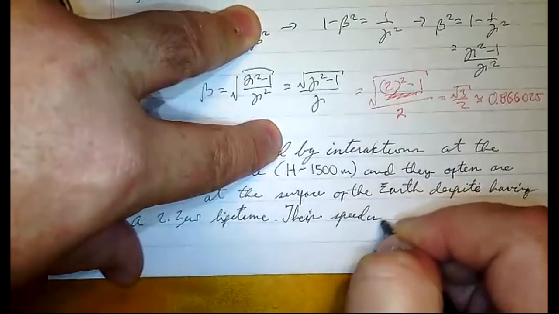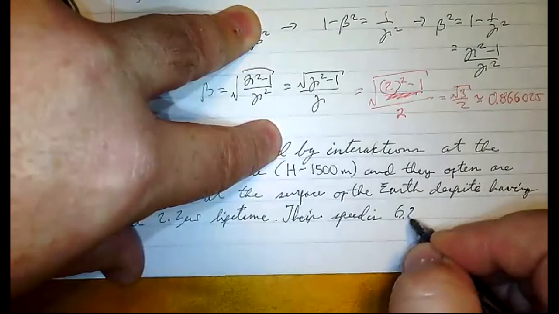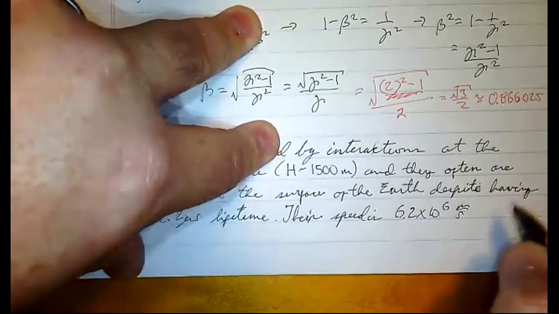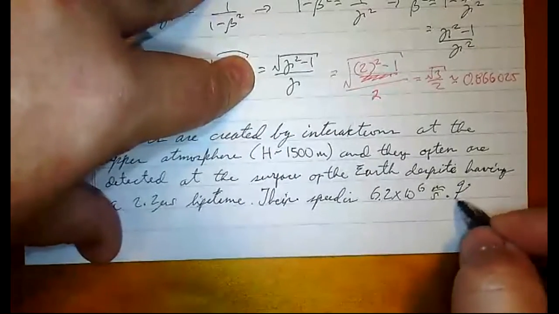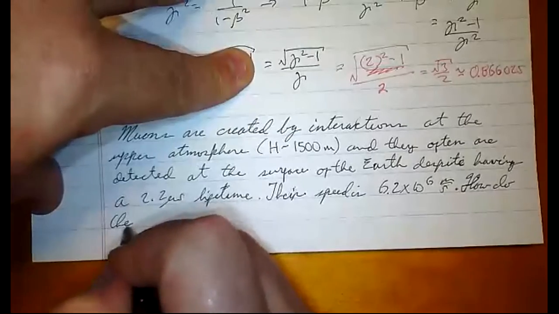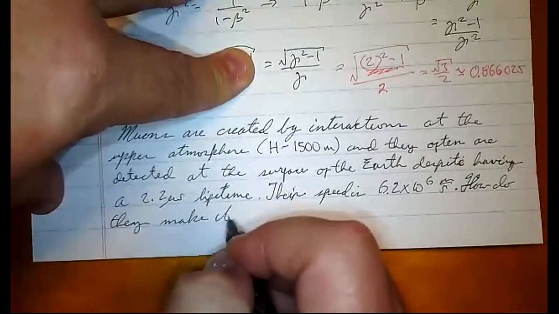Their speed is, let's say, 6.2 times 10 to the 6th meters per second. How do they make it? So that is according to us.